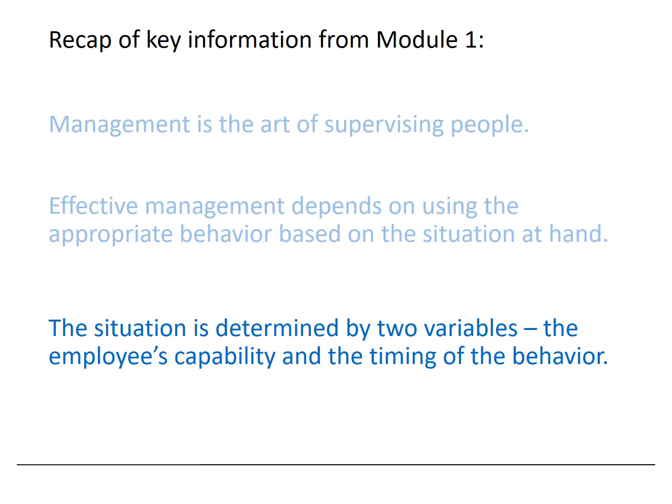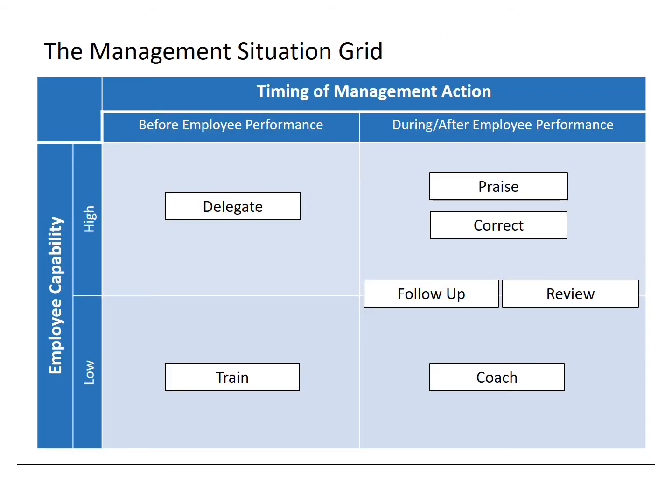And third, we learned that the situation is defined by 2 variables, the employee's capability and the timing of the management behavior. We used a 2x2 table called the Management Situation Grid to help us understand which management behaviors go with which situations. We put low and high capability on the vertical axis and timing of the management action on the horizontal axis, and we filled the 7 core management behaviors into the appropriate quadrants.